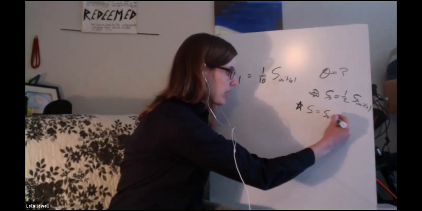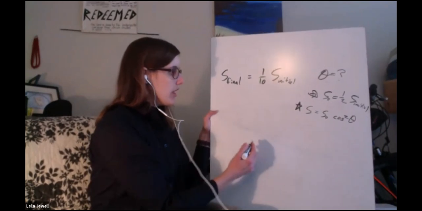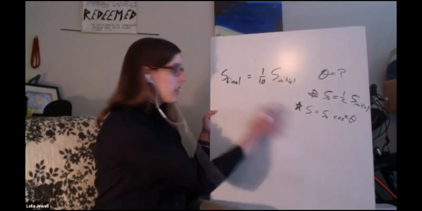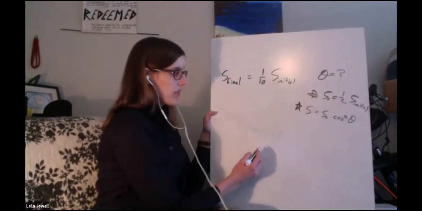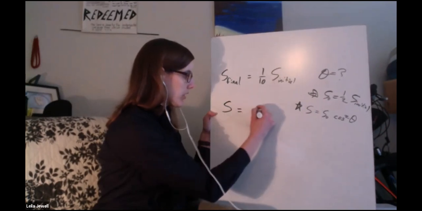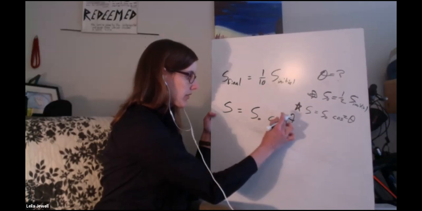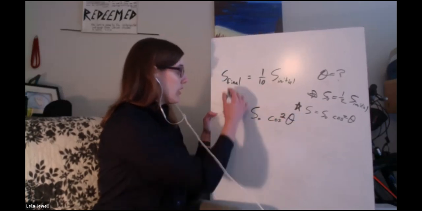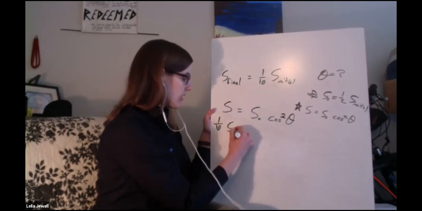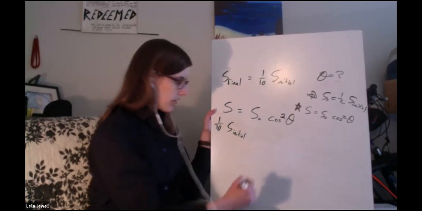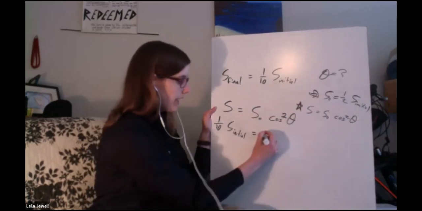S is equal to S naught times cosine squared of theta. As I set this up, my S here in Malus's law is just S final. The S naught can also be written in terms of S initial. So I'm going to rewrite Malus's law once more. S is equal to S naught cosine squared theta. My S here is the S final, so that's 1/10 S initial. And my S naught is 1/2 of S initial.